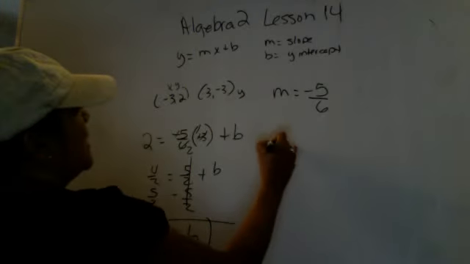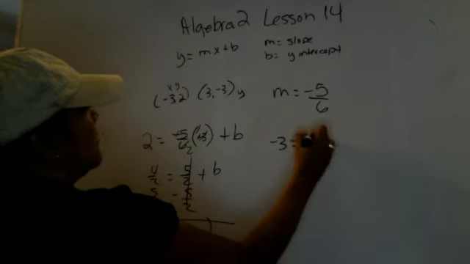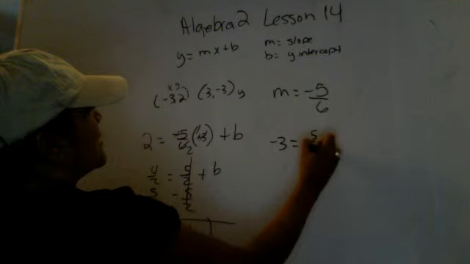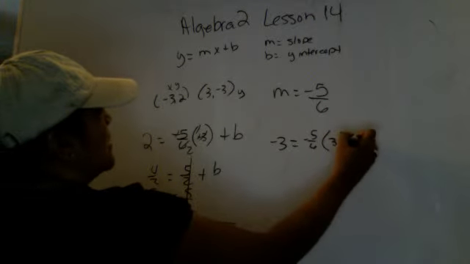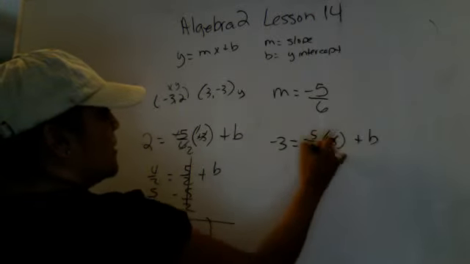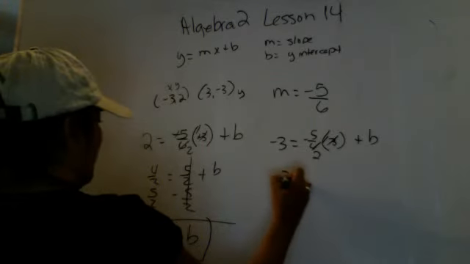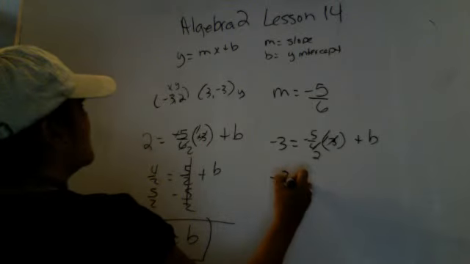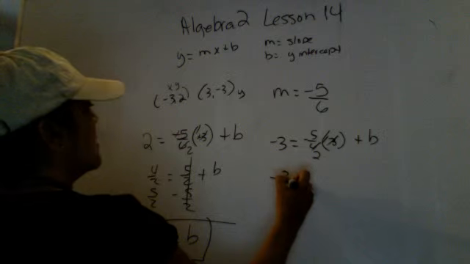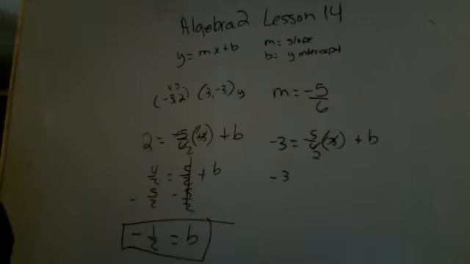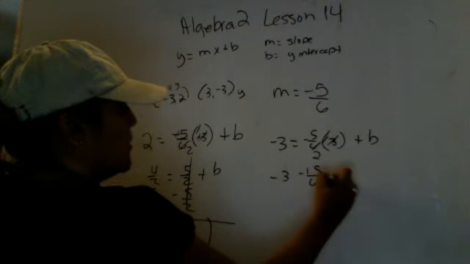So we said negative 3 is equal to negative 5 sixths times 3 plus b. So I got negative 3 equals negative 15 over 6 plus b, which we can do.